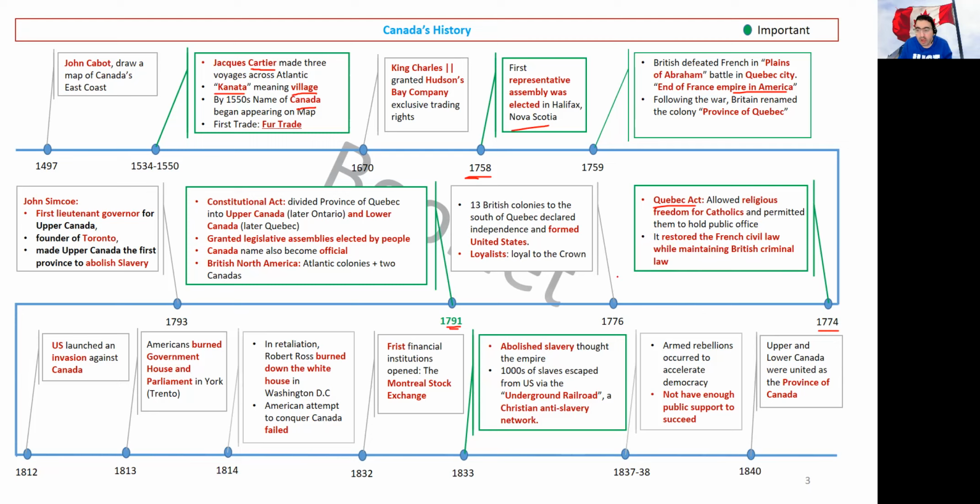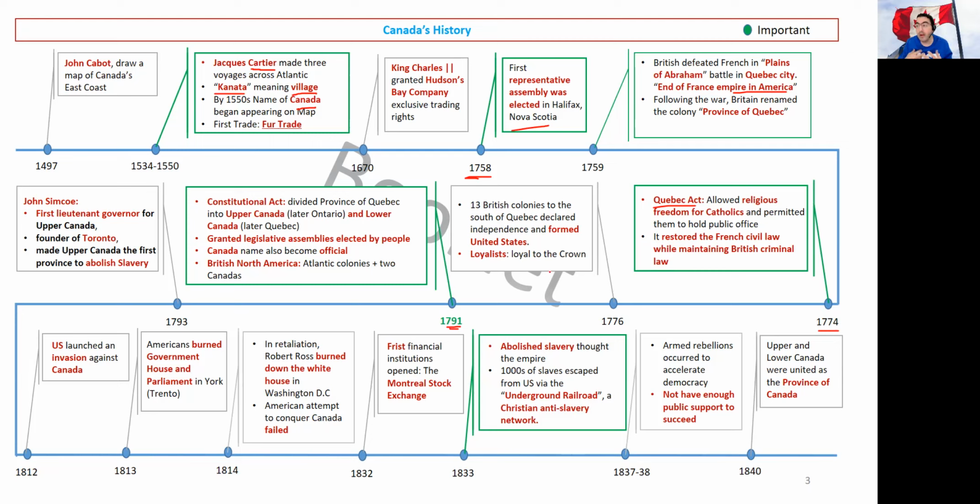After that, in 1776, thirteen British colonies to the south of Quebec declared independence and formed the United States. So some of the colonists made an independence movement. They said, we will take the south and make another country called the United States.